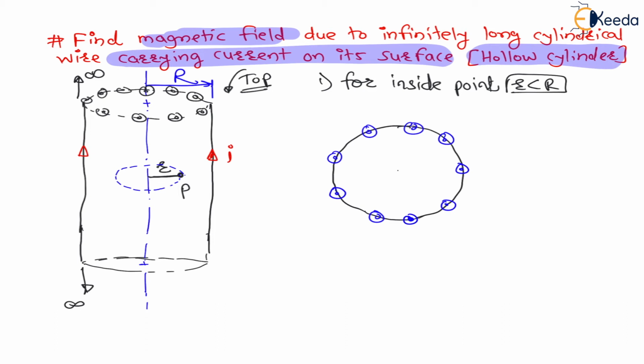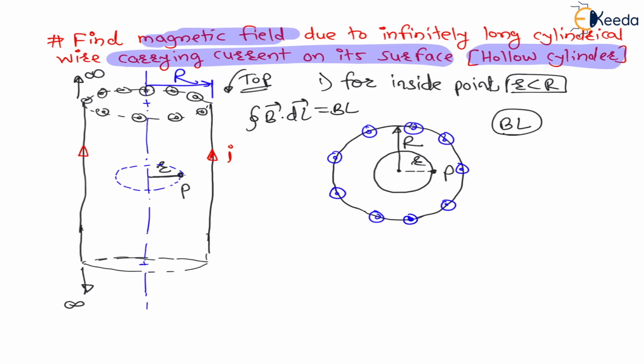And my dear students, this distance is capital R, and we have considered one point P inside, right? And if I form a loop here at distance r, see, the loop will be a circle like this. But what is the law here? Ampere's circuital law: integration of B dot dl equals mu naught times I inside, where dl is a length element of the loop, the Ampere's circuital loop.